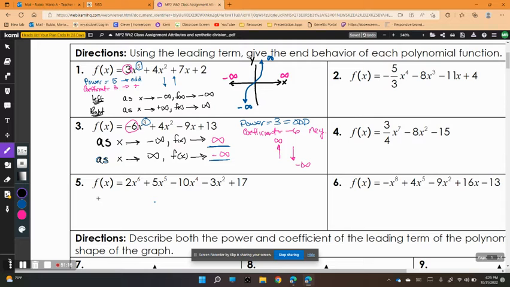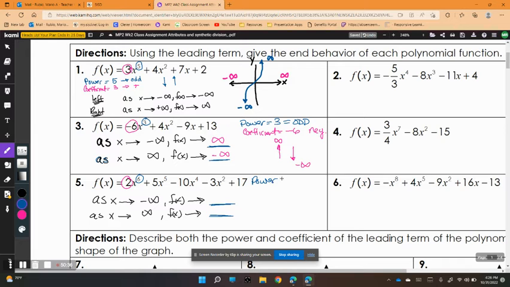So that means, like I said, for every problem, no matter what, we're going to have the same phrasing. As x approaches negative infinity, f of x is going to approach some number or some direction, and that's what we need to fill in. The right side is positive infinity, f of x, some number. Okay, so all these numbers 1 through 6 are going to have the same initial setup. All of this thing that I just wrote here, that's what you're looking for, and you're going to fill in the blank based on the coefficient and the power of the leading term.